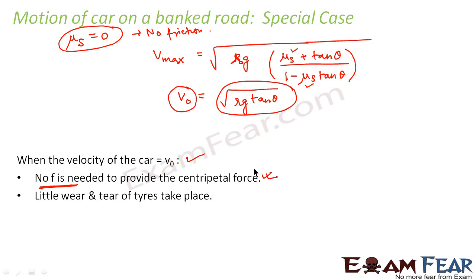So who will provide the centripetal force? Centripetal force will be provided by the component of the normal reaction. Which component of normal reaction? That is N sine theta. Go back to the derivation and see the first relation, you would come to know.